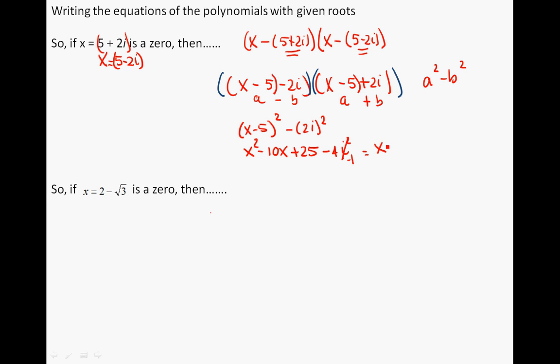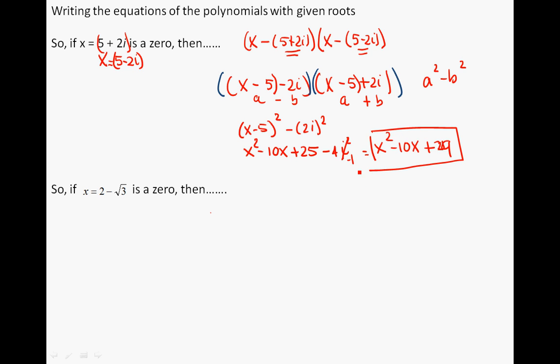So what ends up happening is that you do not end up with any imaginary parts. This ends up being 25 plus 4, because a negative 4 and a negative 1 makes a positive. So that will be plus 29. So you end up with a quadratic without any imaginary parts.